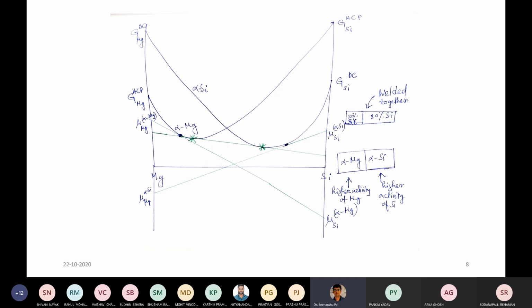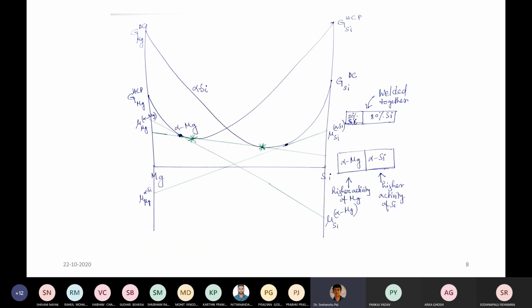So if you have 80% silicon and 20% magnesium, you are going to get higher activity of silicon, because in this case silicon is more.